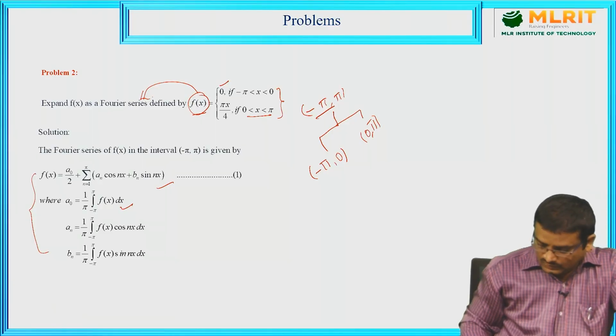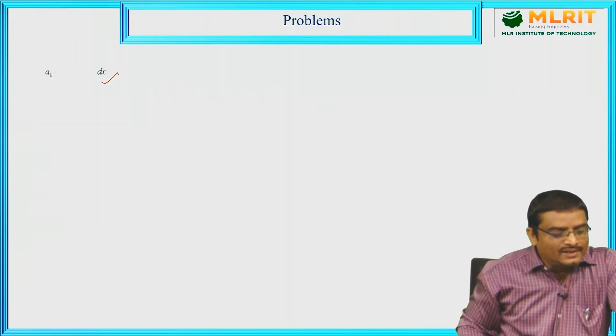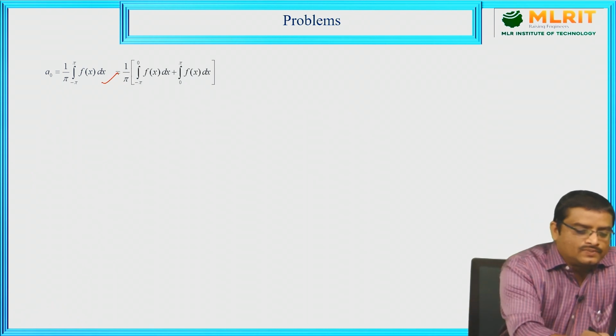So according to that we will take the integral minus pi to pi as integral minus pi to 0 and integral 0 to pi of f of x.